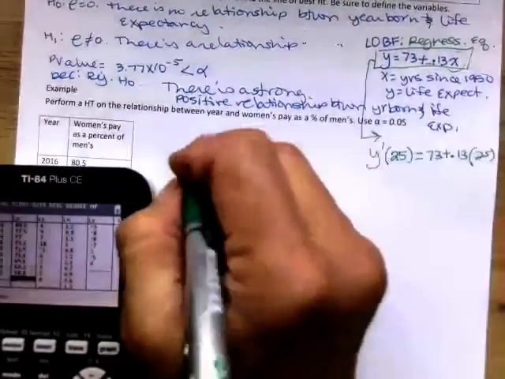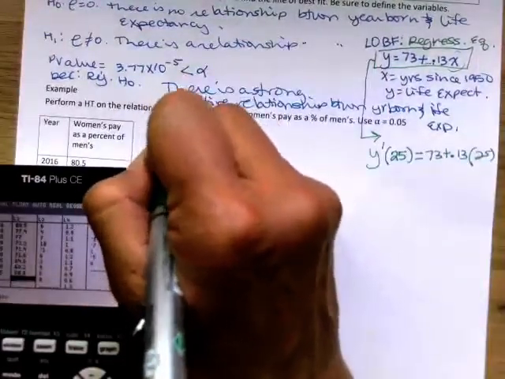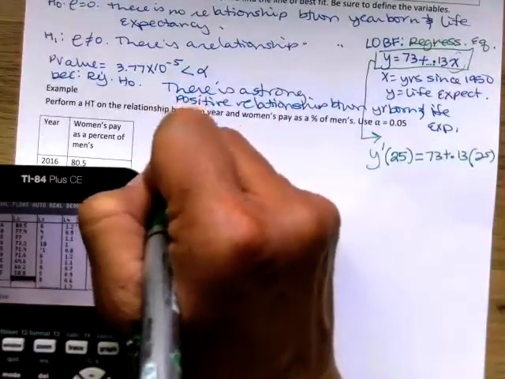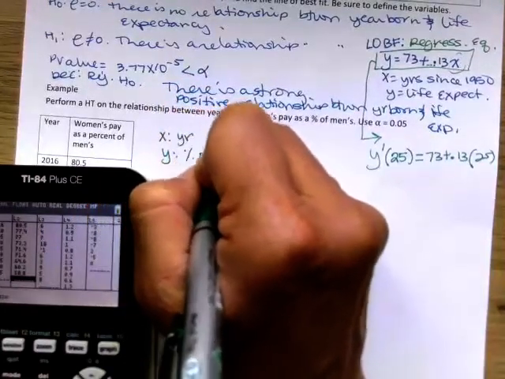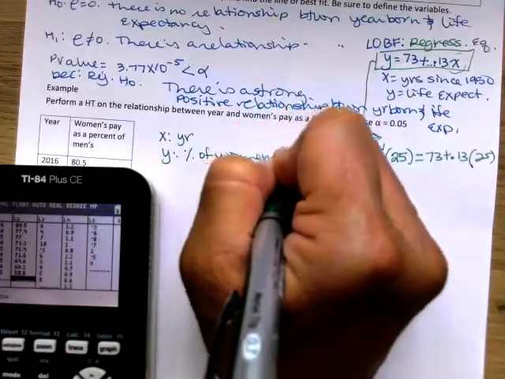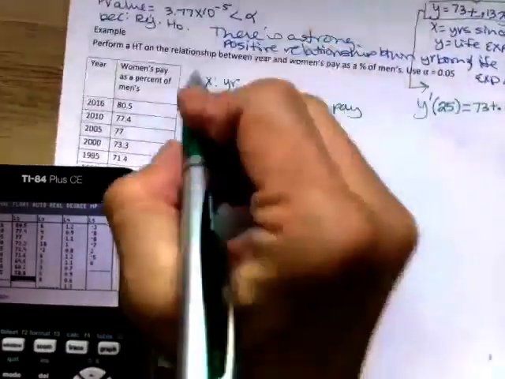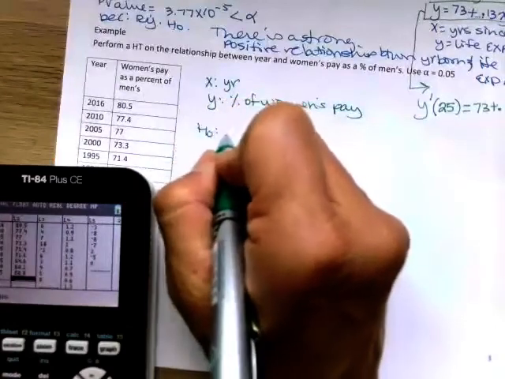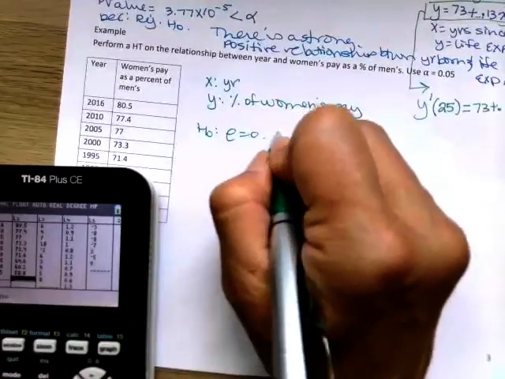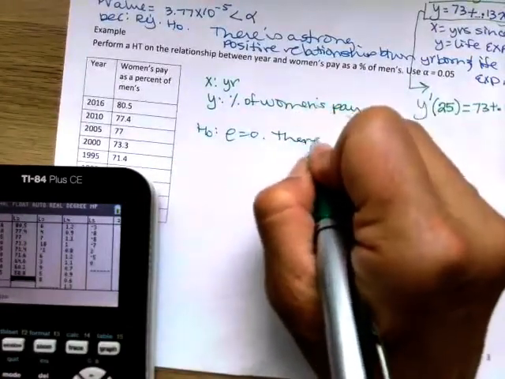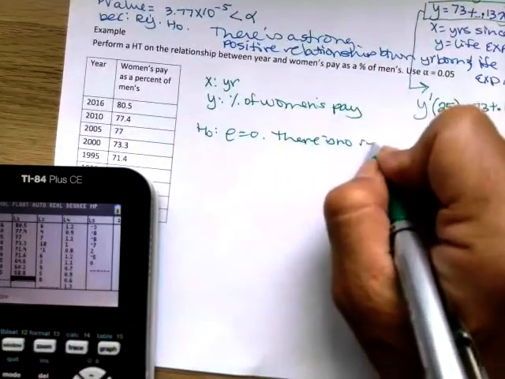So we're doing a hypothesis test. X is going to stand for the year. Y is going to be the percent of women's pay. We're going to define our variables. We're going to write our hypotheses in symbols and words.